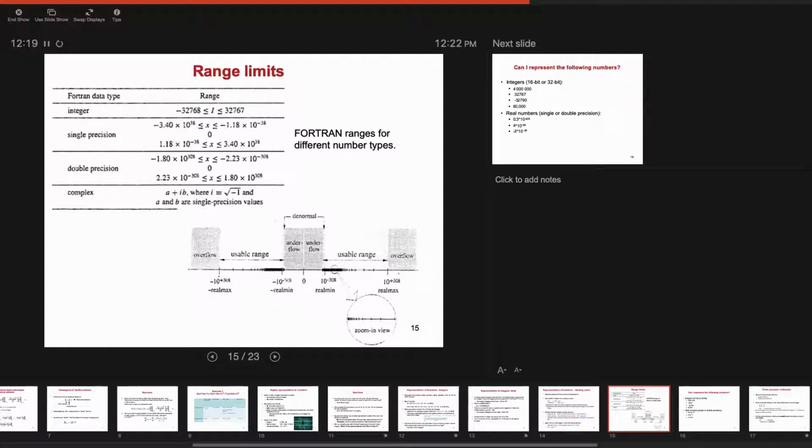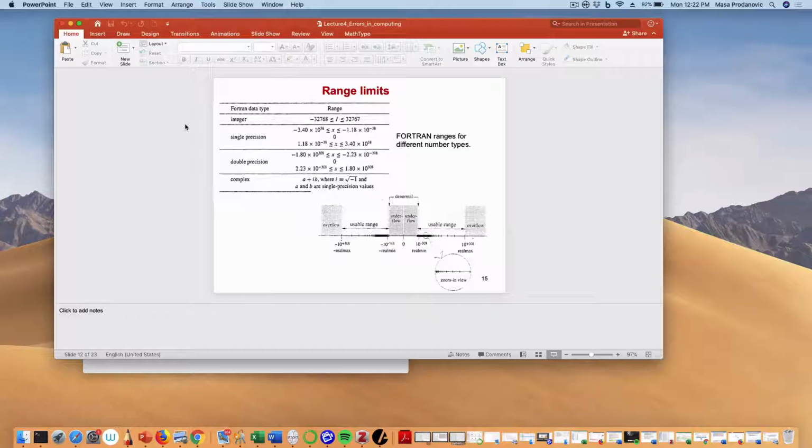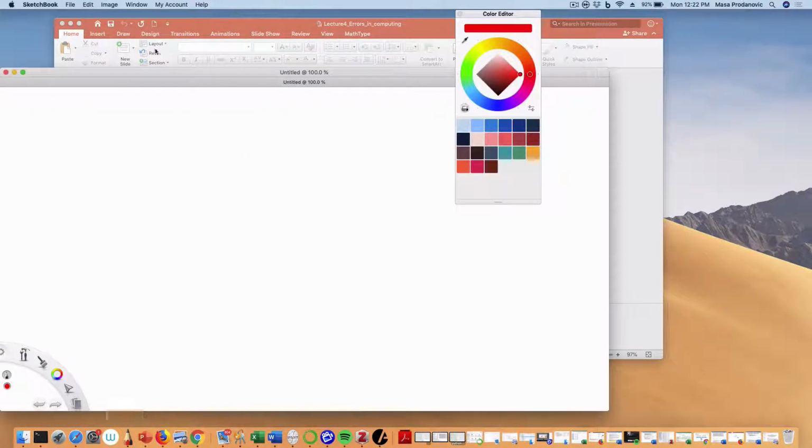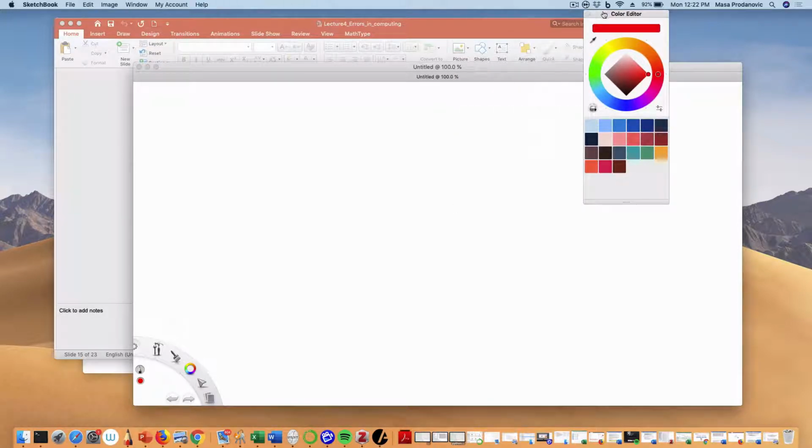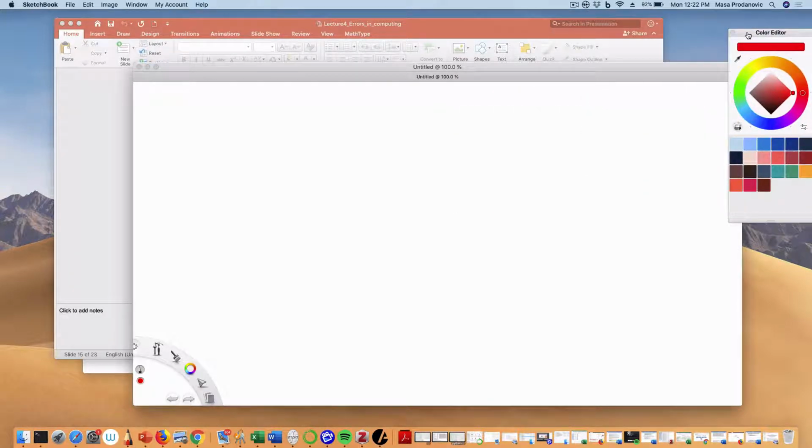So let's just see, and I'm going to break this down. I want you just to understand why you actually have gaps in representation. So we're going to see how it looks like in a very, very simple world. And that world will be that of just having a single spot.